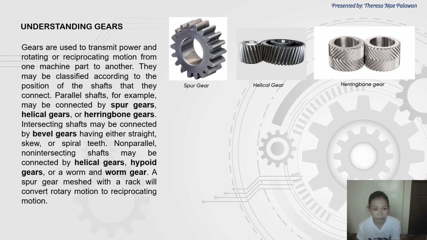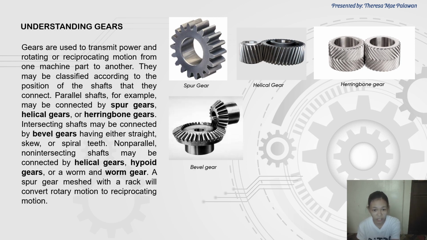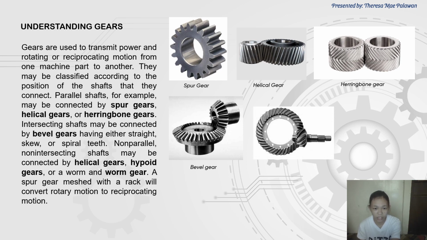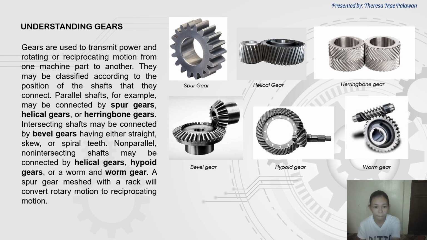Intersecting shafts may be connected by bevel gears, having either straight, skew, or spiral teeth. Non-parallel and non-intersecting shafts may be connected by helical gears, hypoid gears, or a worm gear. A spur gear meshed with a rack will convert rotary motion to reciprocating motion.